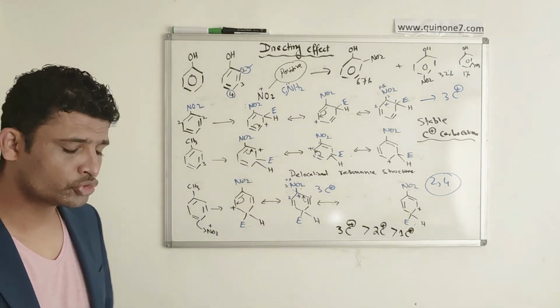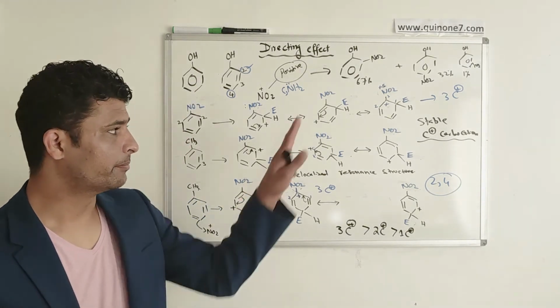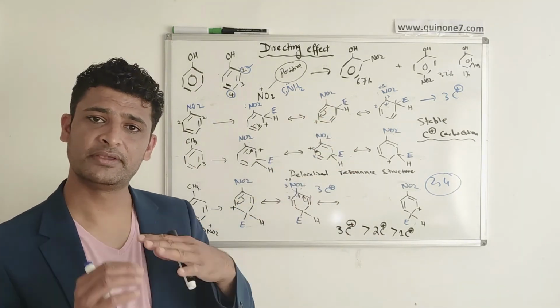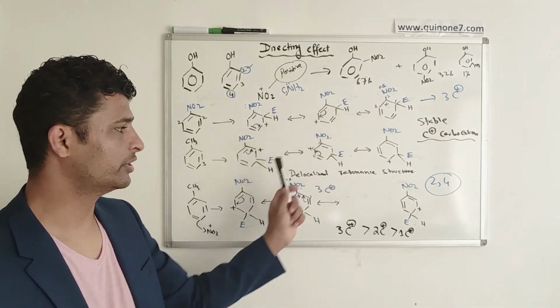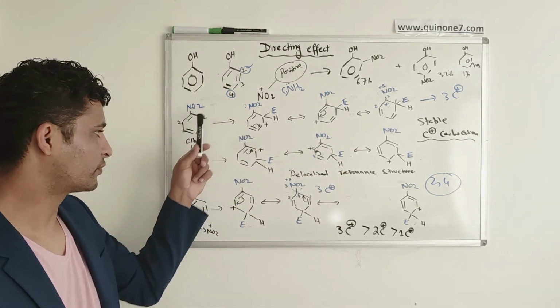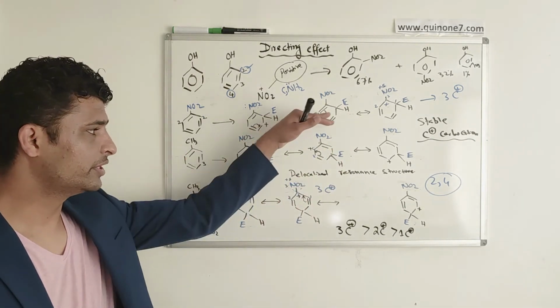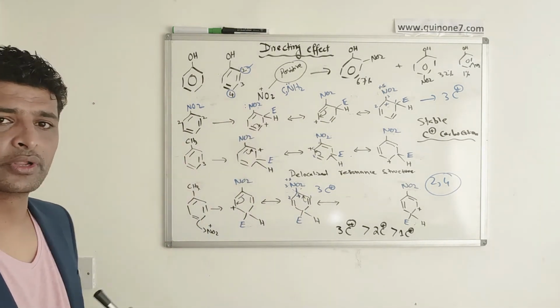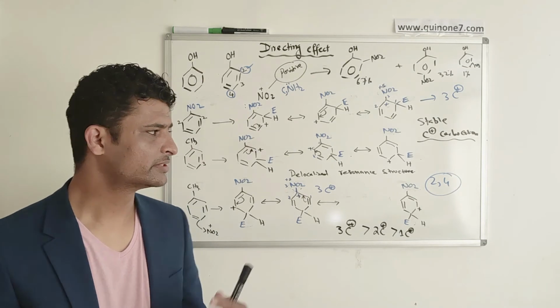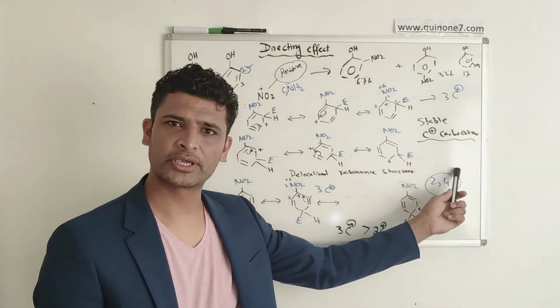Now, two laws. Number one, the major product will be the one which has more resonance structures. In this case, all three structures are the same for each position. So, three possible resonance structures for 2, 3, and 4. So, we can't apply that law. The second law is the stable carbocation.